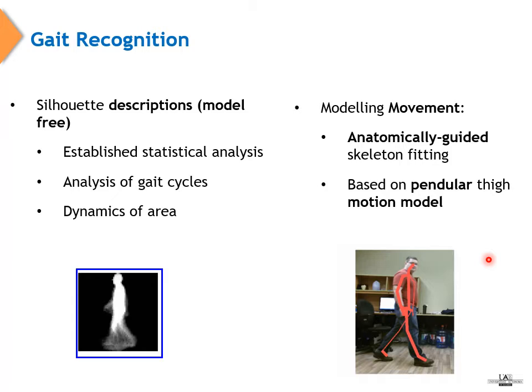Then the problem becomes an analysis of the evolution of these time functions related to the skeleton parts. So this is a more image-based approach versus a time function-based approach.